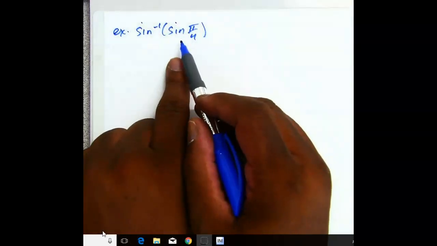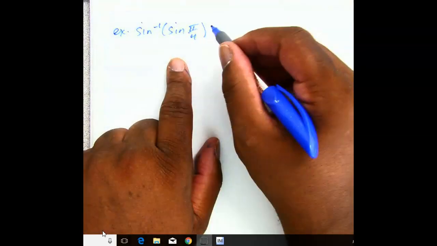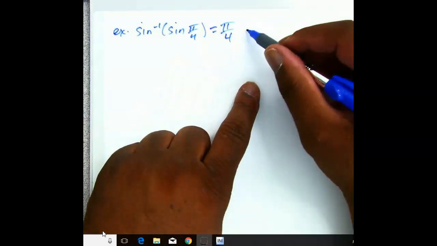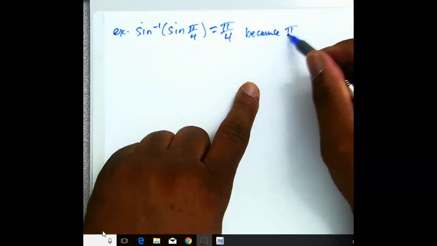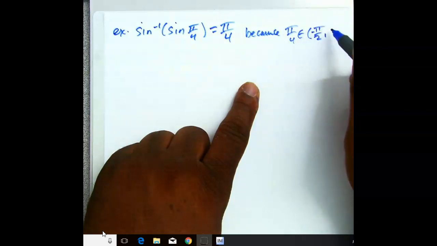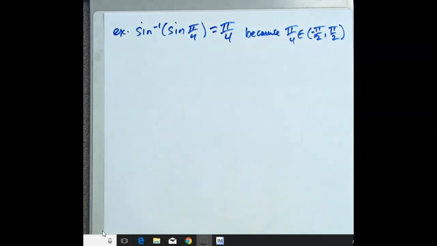So our domain for the sine, our restricted sine function, is from negative pi over 2 to pi over 2. So our answer here would be pi over 4, because pi over 4 is an element of negative pi over 2 to pi over 2. So pi over 4 is in this domain.